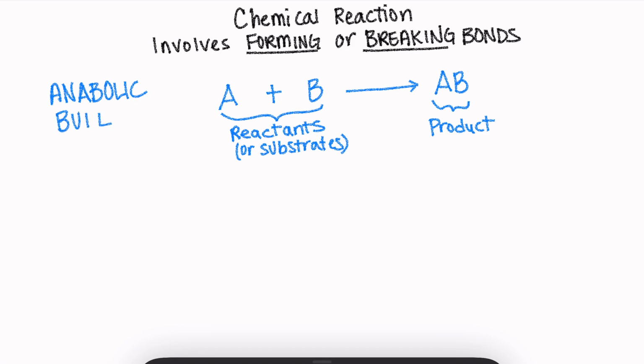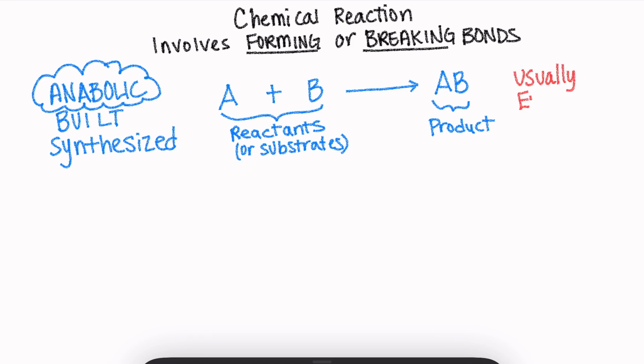So something gets built or synthesized. So we take smaller things and make something bigger. Now, these types of anabolic reactions in our body usually are what we call endergonic. That means that they require energy in order to proceed.